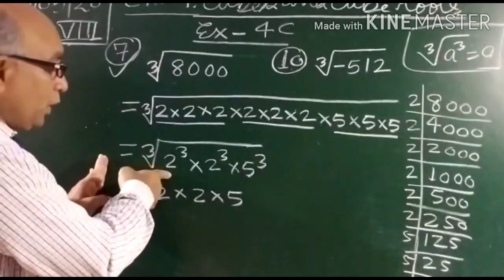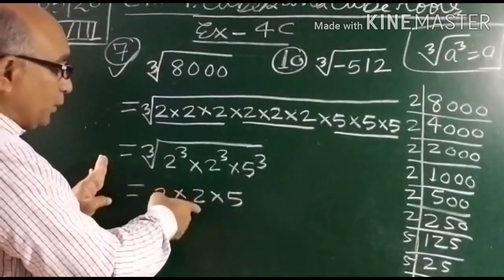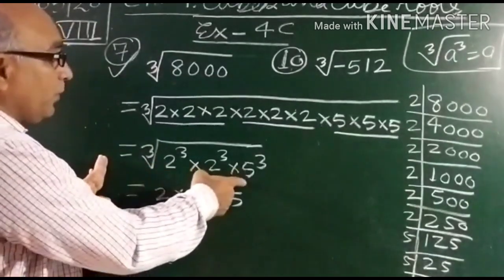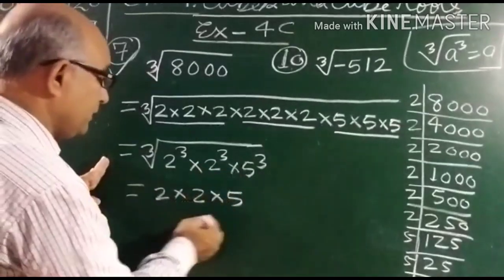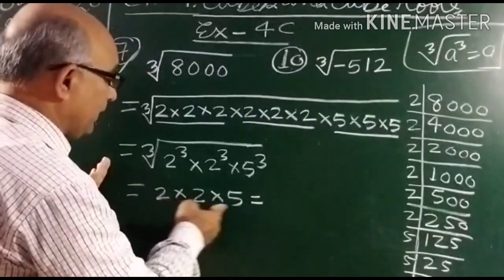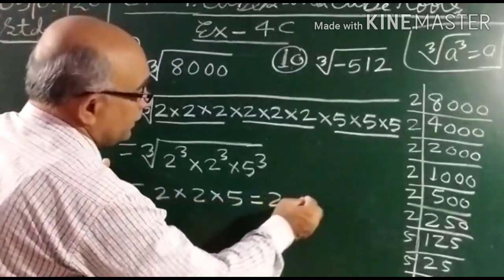Similarly, cube root of 2 cube equals 2, cube root of 5 cube equals 5. So 2 times 2 times 5 is 20, the answer.